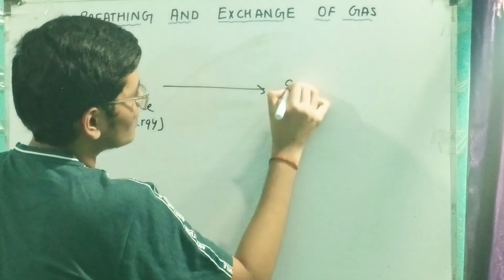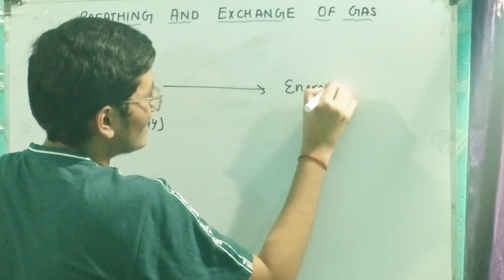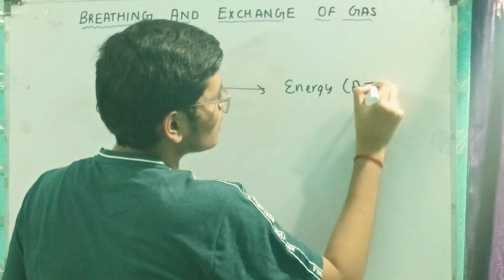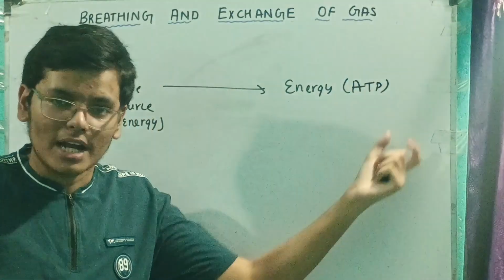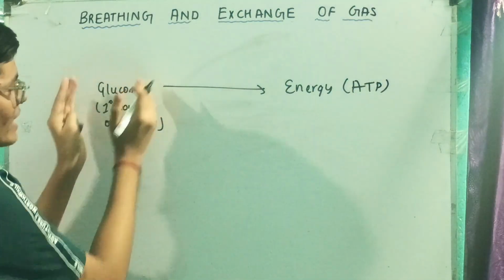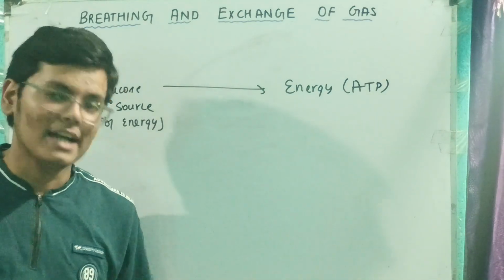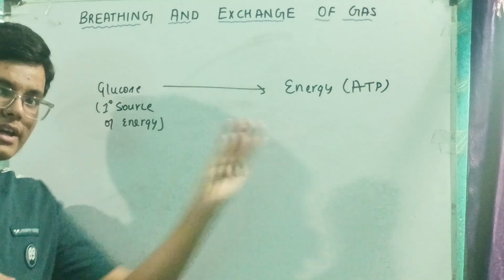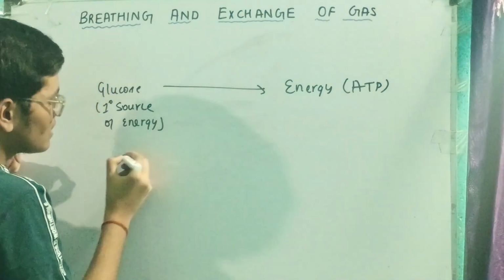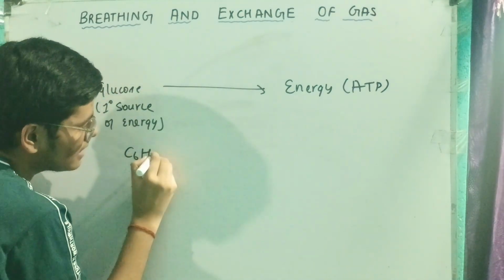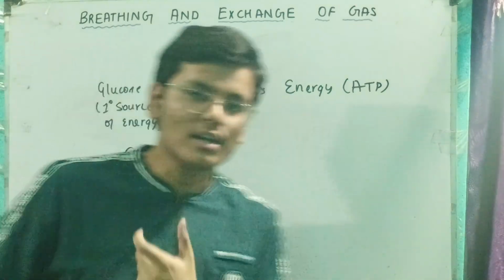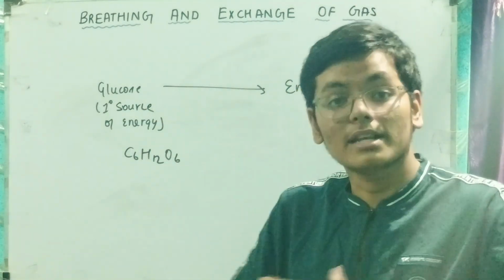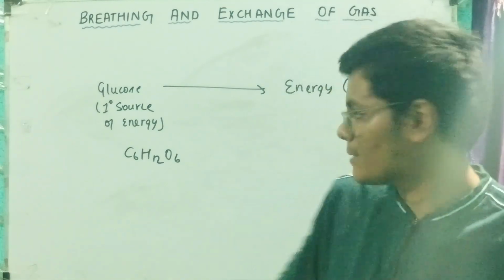This glucose is to be converted into energy, and in our human body energy is in the form of ATP, which means adenosine triphosphate. Now we are taking glucose, we can also take fats and proteins and nucleic acids, but the primary and the major source of energy in human body is glucose. The structure of glucose is C6H12O6. We have learnt about this structure and how to form the structure, chemical structure of glucose and many other carbohydrates in our biomolecules chapter.